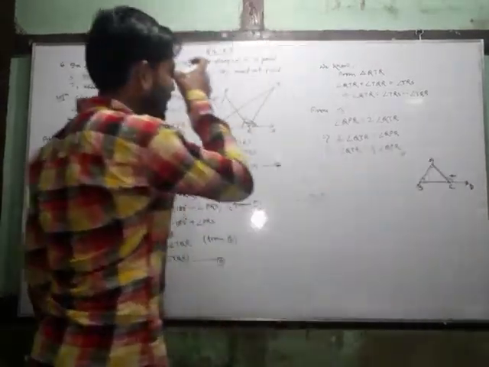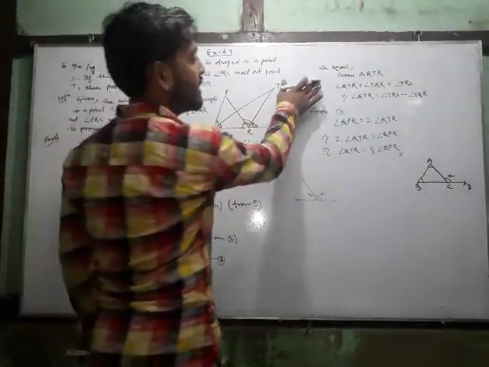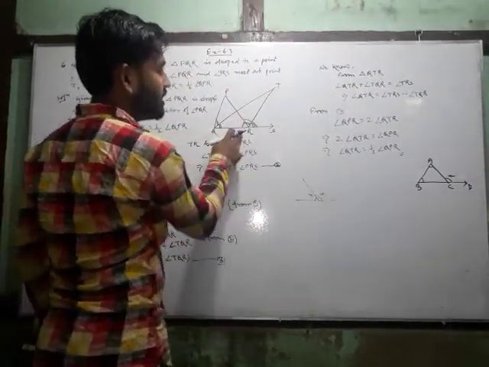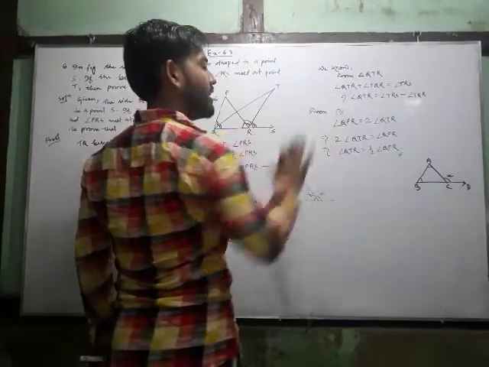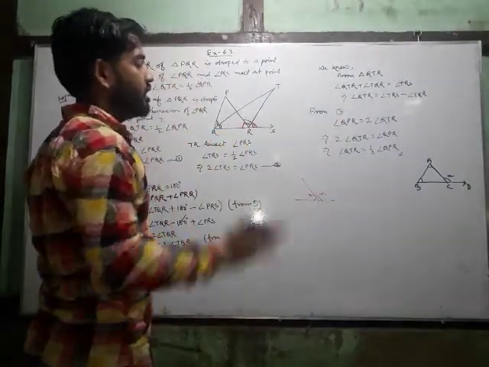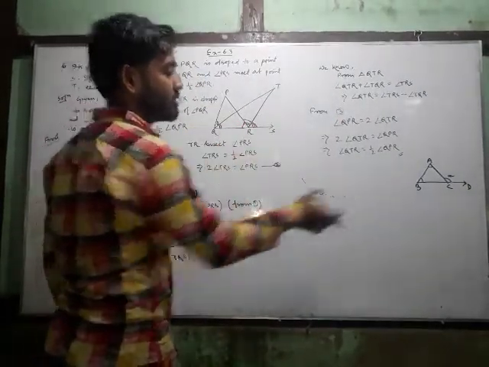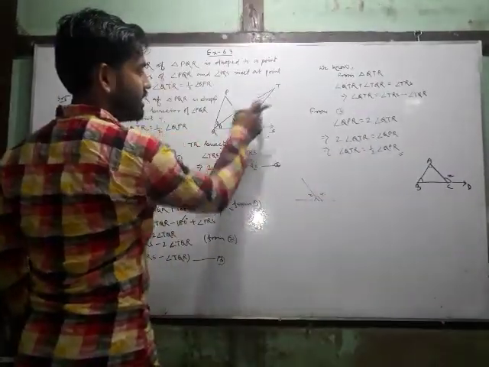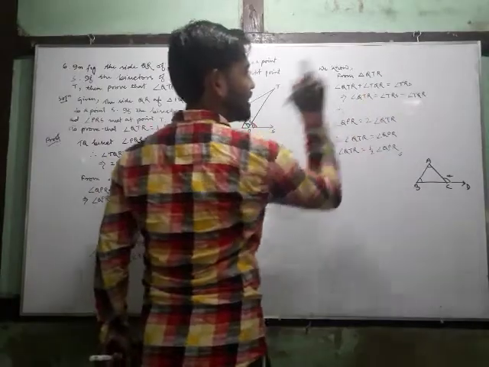So I have taken the triangle QTR. See the triangle QTR. In this triangle, the sum of three angles is 180 degrees. We have used the property of the external angle. What is the external angle? TRS. TRS is the external angle.